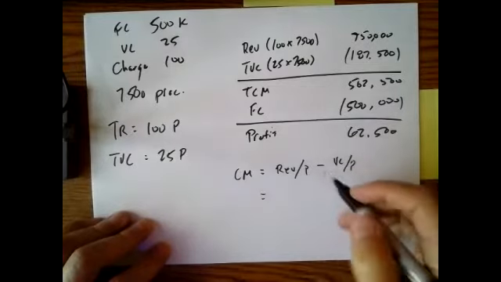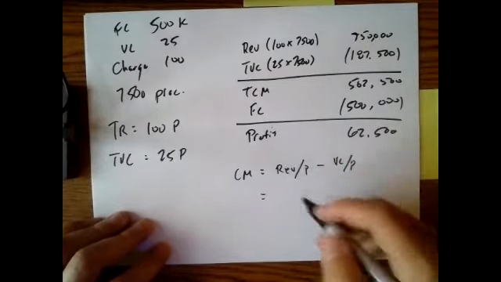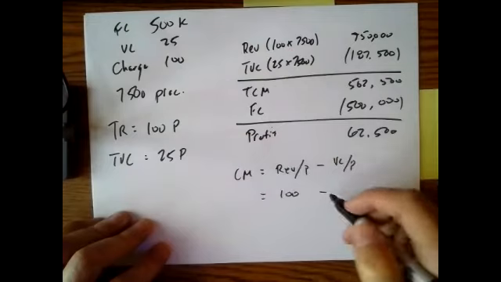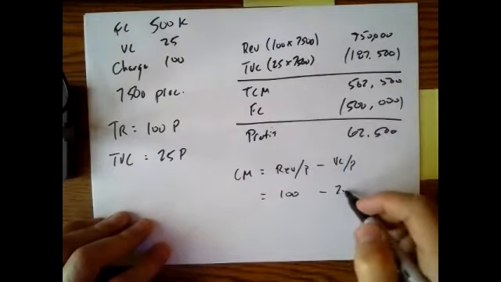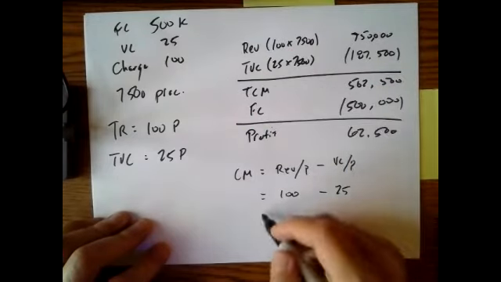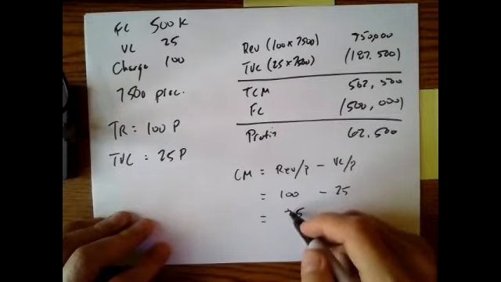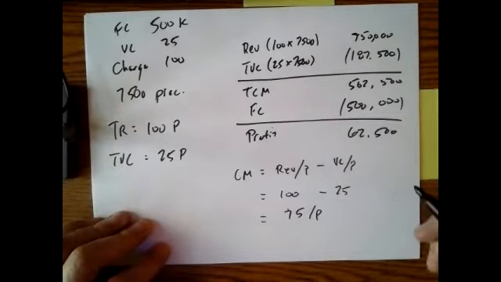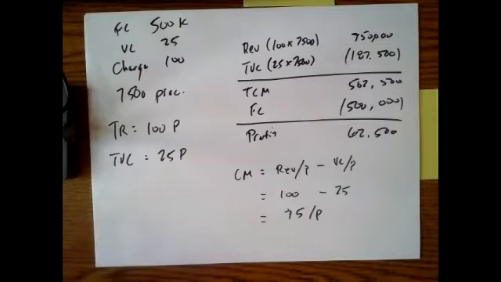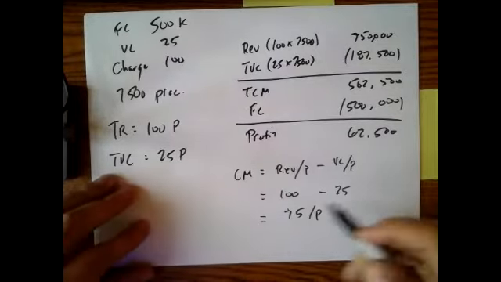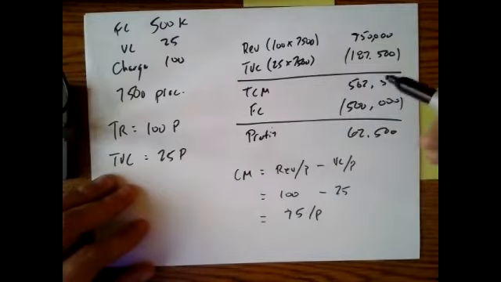Revenue per procedure is 100 and variable cost is 25, so we have a contribution margin of 75 per procedure. If you multiply 75 times 7,500, you get the 562,500.